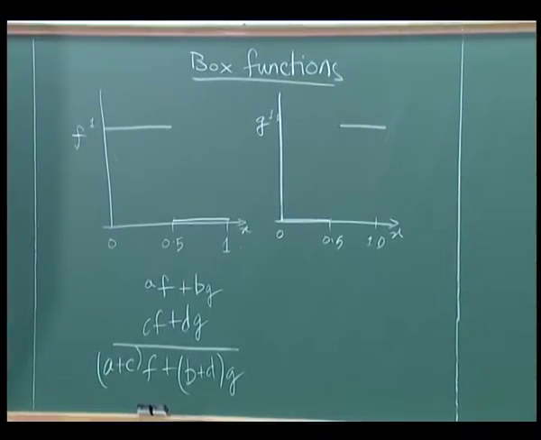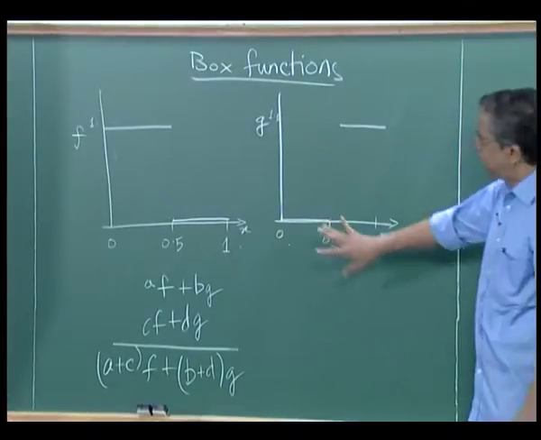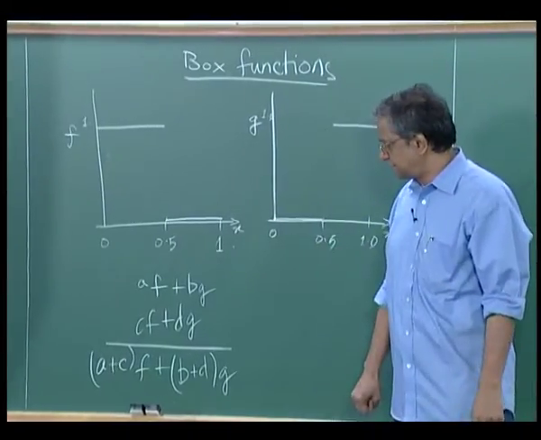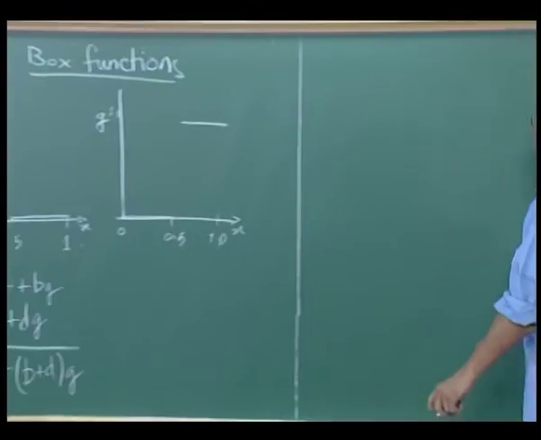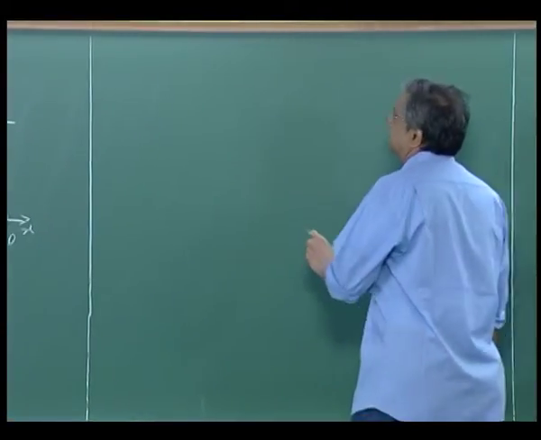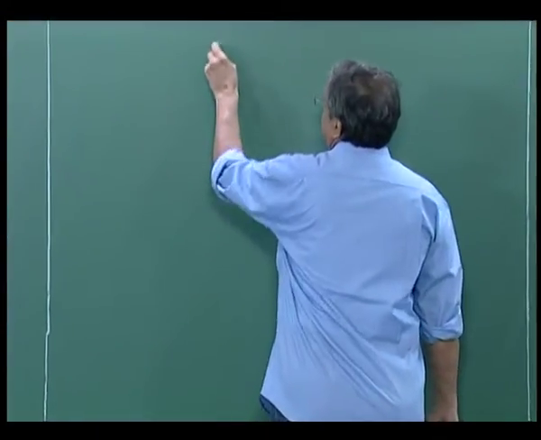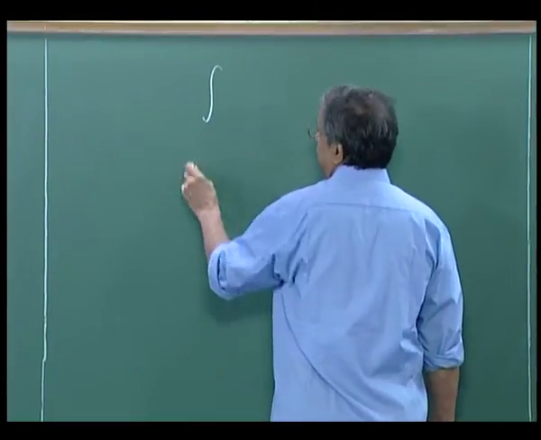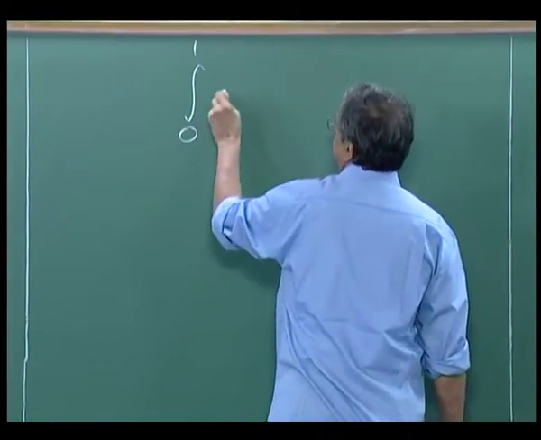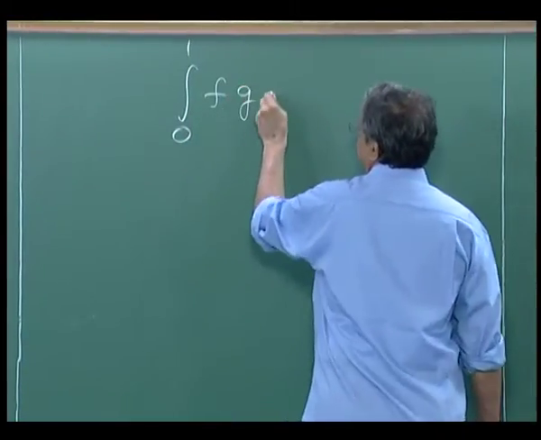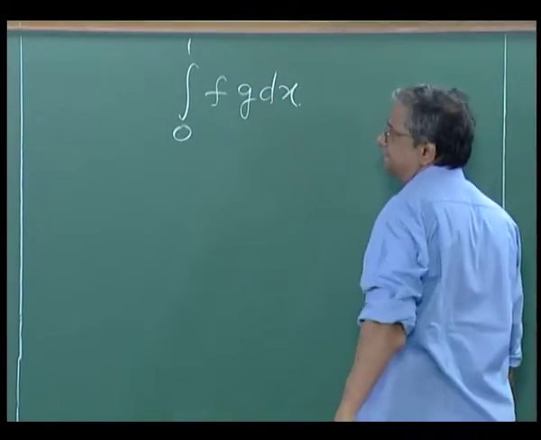So for functions we want to be able to define a dot product. I will define the dot product as follows. For these two specific functions on 0 to 1, it is the integral of f times g dx.